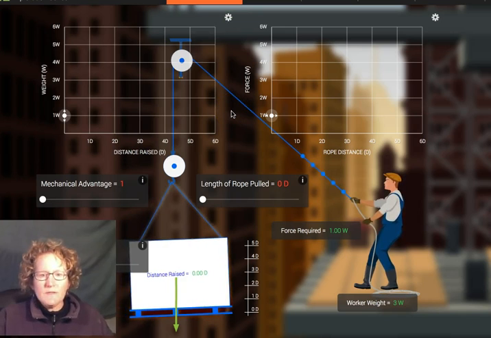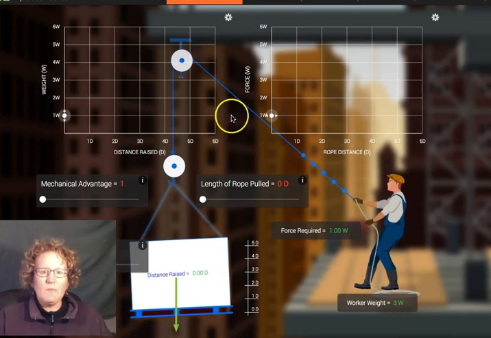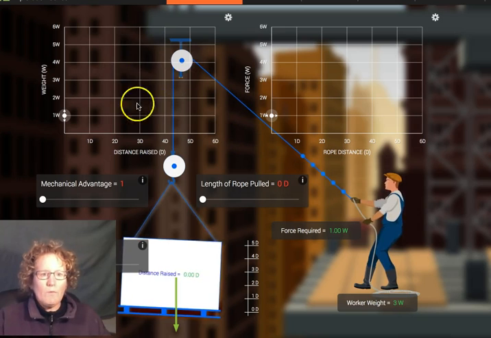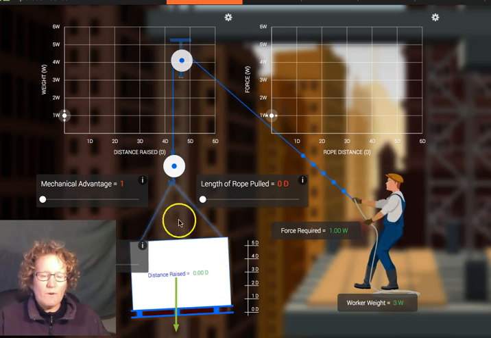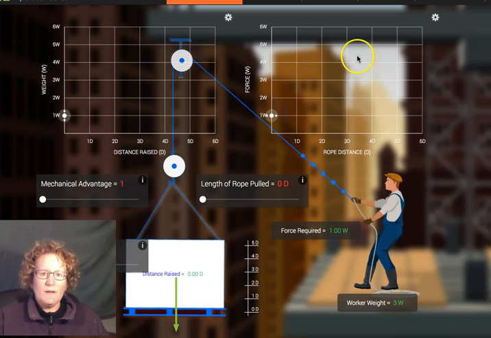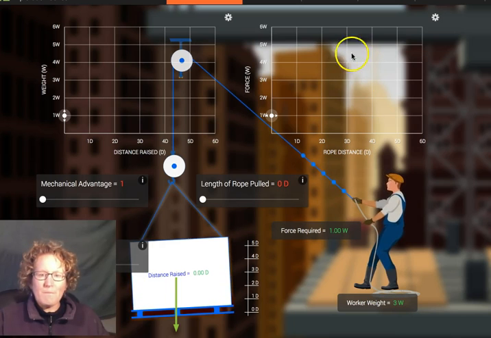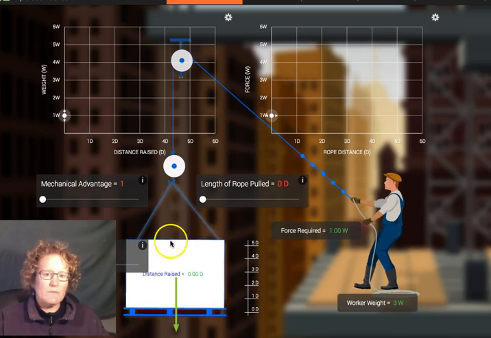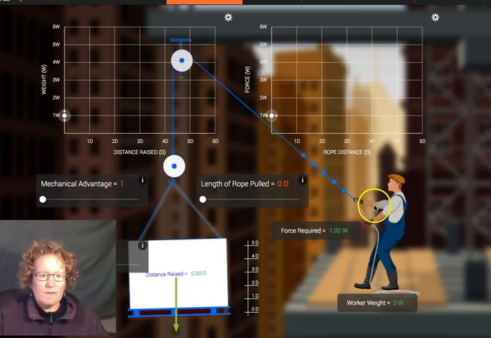And ideally, since we're working in a simple machine system, the work done on the box on this graph is going to be the same as the work done on the effort side by the worker. So this is the resistance side, and this is the effort side.